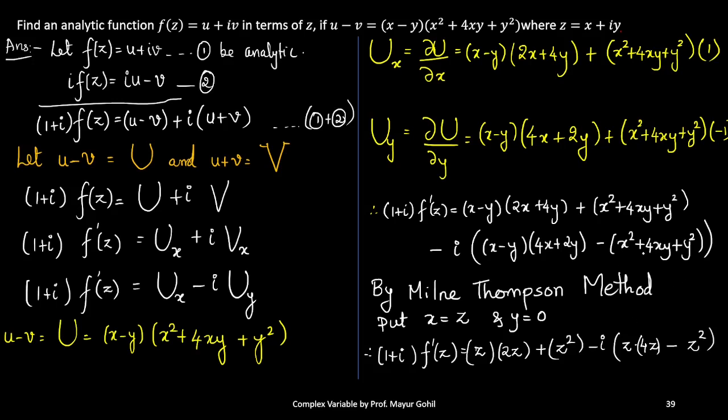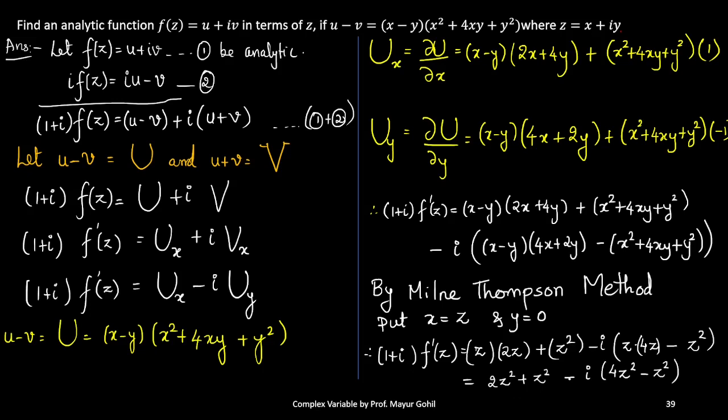So we have this term here, but the moment we put y equals 0, the last two terms vanish, so we don't have to worry about them. And so what we get over here is 2z square plus z square minus i times 4z square minus z square. That is what we get.